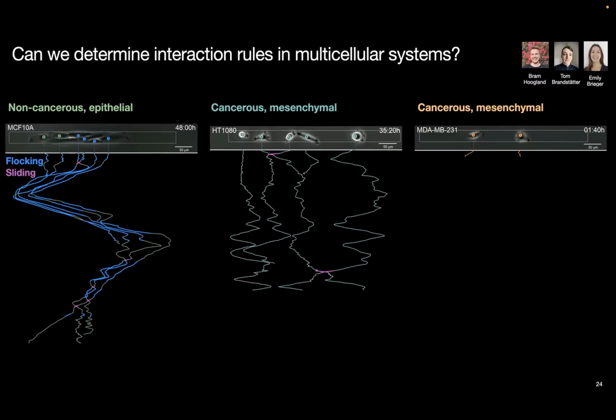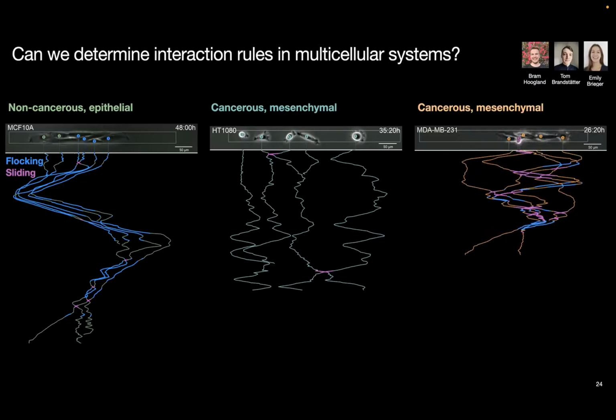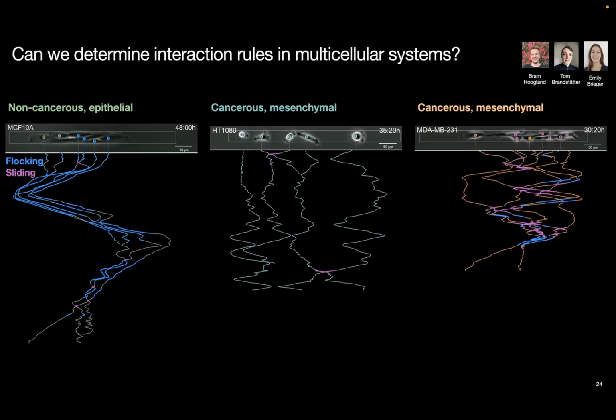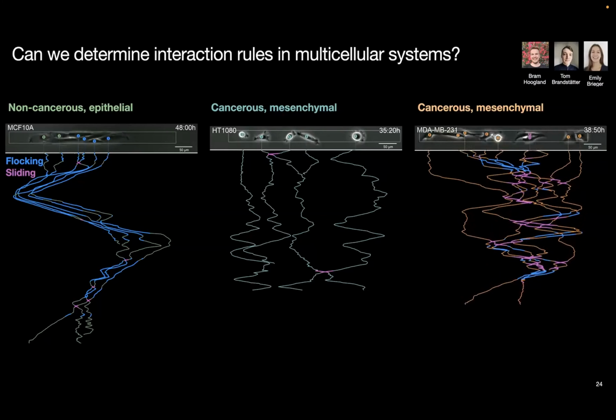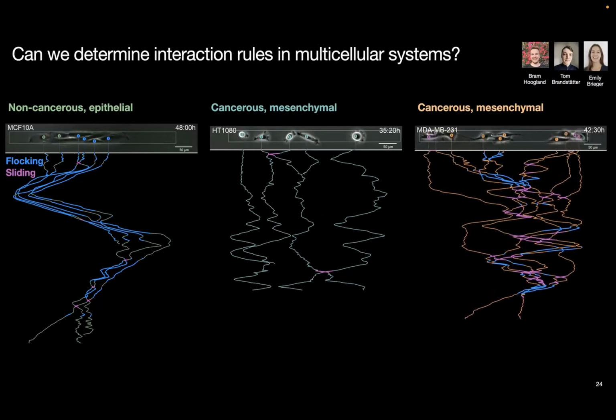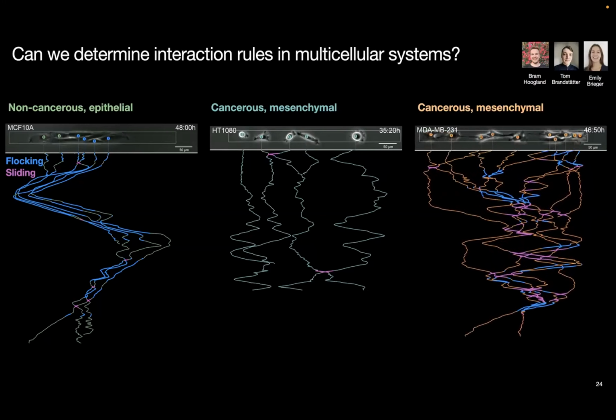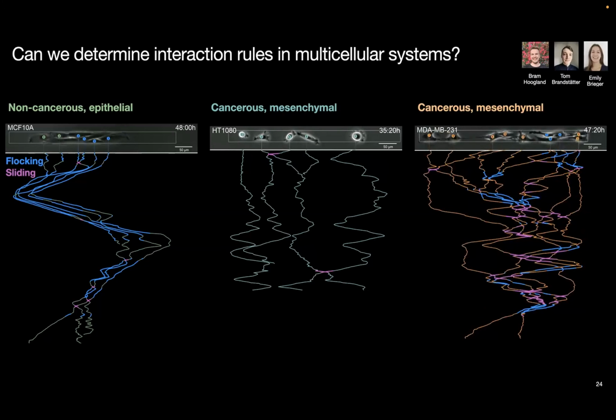And then, as a third example, the human breast cancer cells, again a mesenchymal phenotype, very different behavior. So these cells occasionally do tend to do something that looks like flocking, but it's not as persistent as the epithelial cells do. We also see a lot of exchanges, cells sliding past each other for this cell type. So just for these three cell types, we see very different behaviors on this very simple geometry.